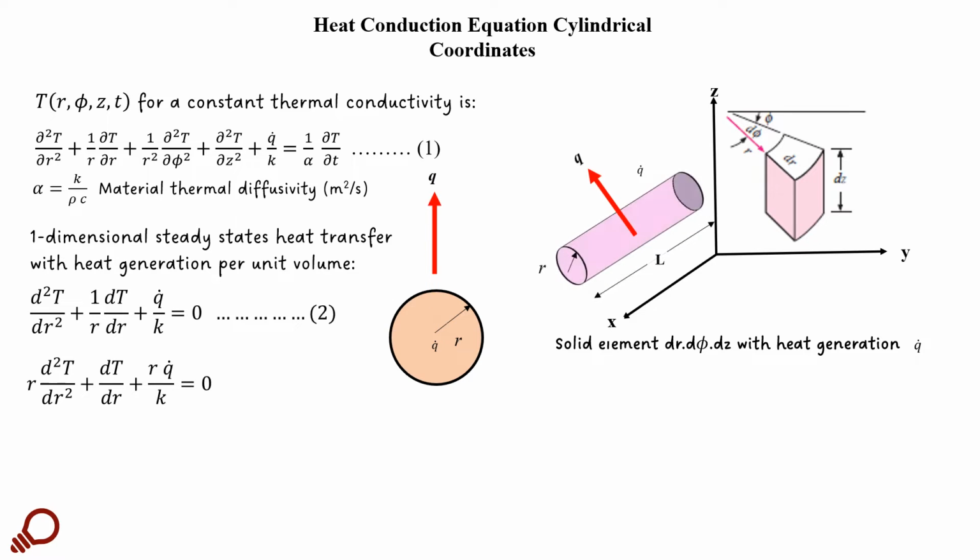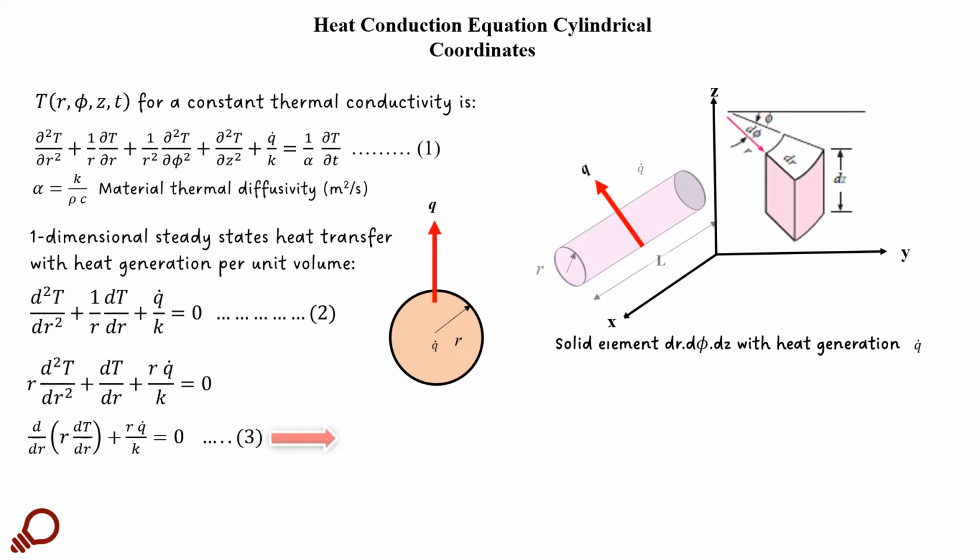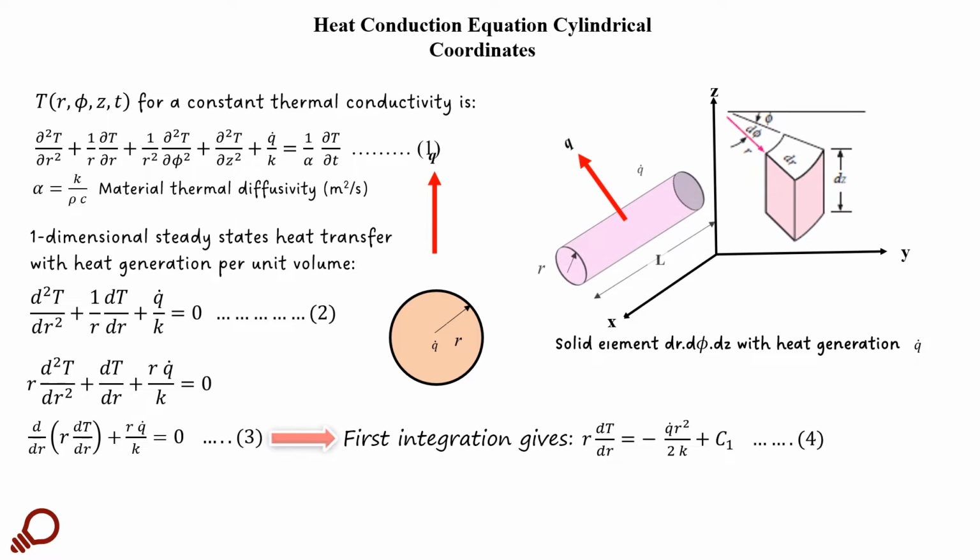This equation can be represented in a form by multiplying all these terms by r. Then we have the mathematical expression d by dr of r dT by dr plus r q dot divided by k equals 0, and that gives for the first integration r dT by dr equals minus q dot r squared divided by 2k plus c1, which is represented by equation 4.